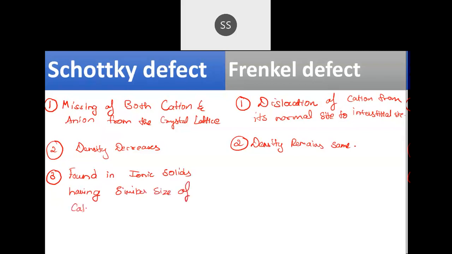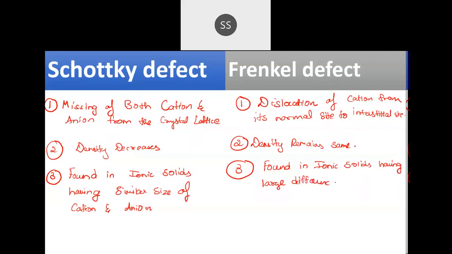And Frenkel defect will be shown by ionic solids in which there is a large difference in the size of the ions.